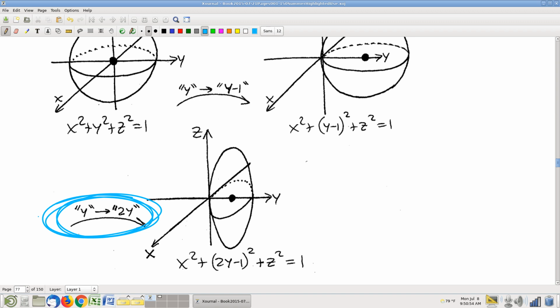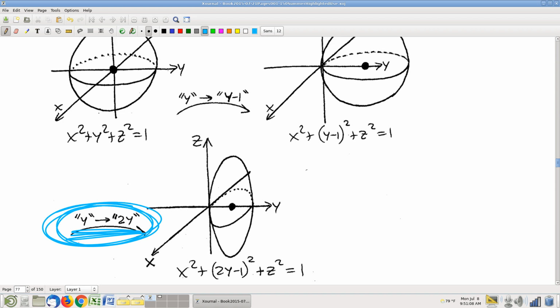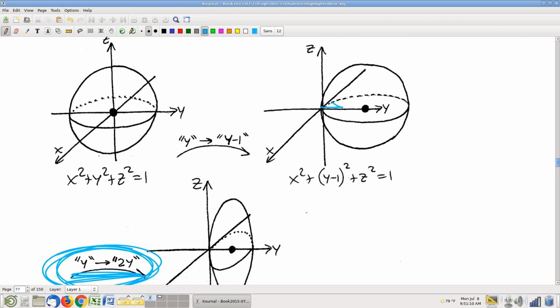That's how balls work, right? But that's not what's happening here. What is happening here, very importantly, is all of the y coordinates are getting cut in half. So this is not like you're taking a ball and squishing it and everything moves in toward the center. That is wrong.